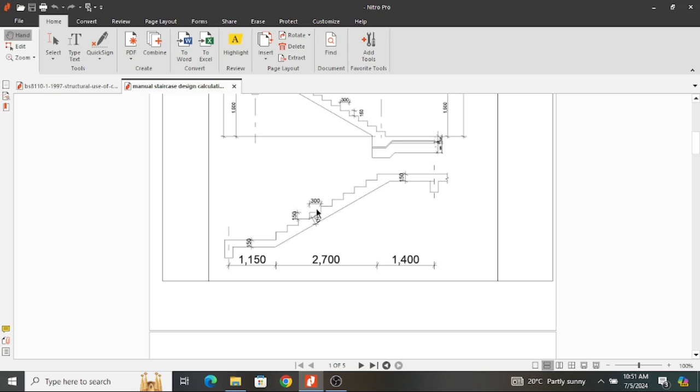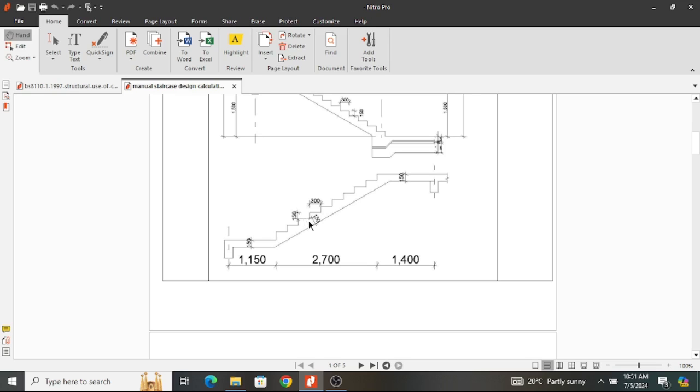This is called the waist of the staircase. This is what we normally use to get the effective depth of the staircase. From earlier lessons, we learned that effective depth is the dimension from the topmost surface of your element to the center of the main reinforcement providing the reinforcement that is countering tension or compression or torsion or any other stresses at that point.